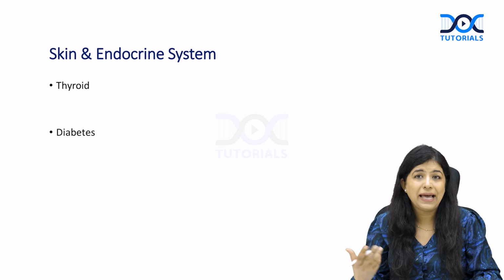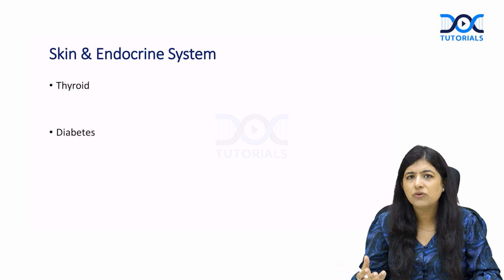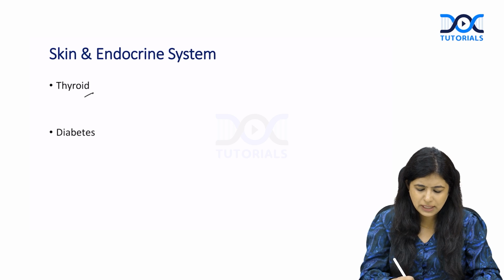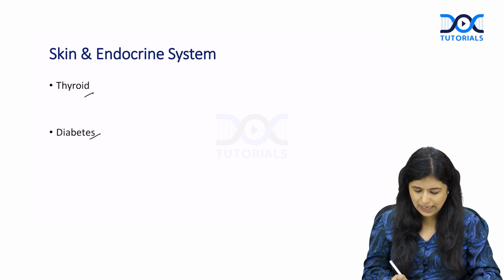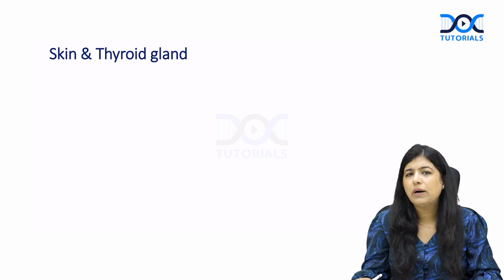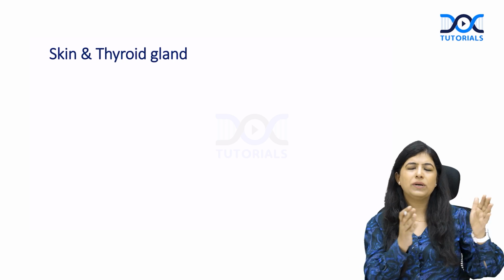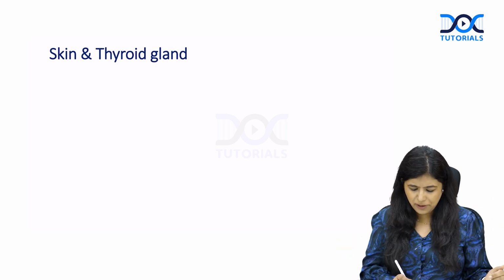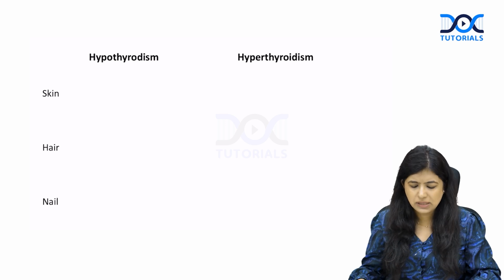Now, coming to skin and endocrine systems, there are certain endocrinological diseases which also show important cutaneous features. We'll be reading about thyroid and diabetes. Now, when we talk about the thyroid gland, we could either have manifestations of hypothyroidism or hyperthyroidism. So let us see what happens in both of them.